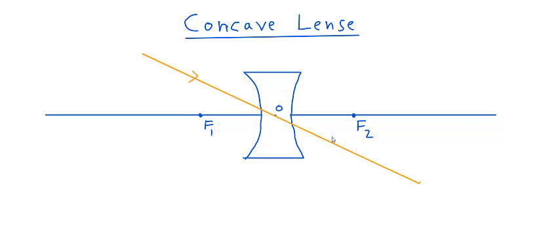As you can see, it does not bend, or does not refract. This is true whenever you have light rays that are directed towards the optical center of the lens.